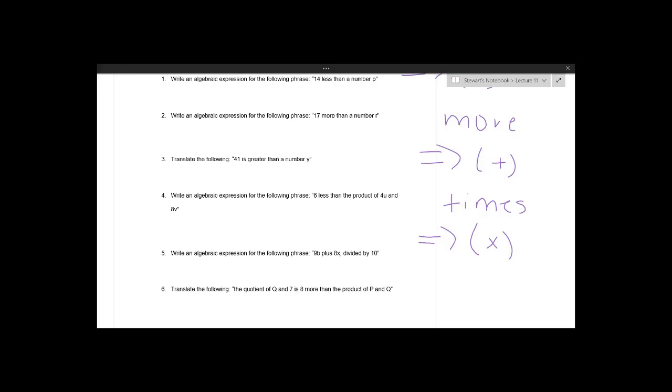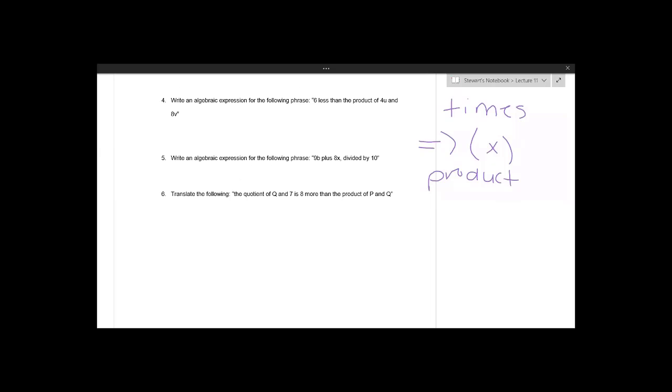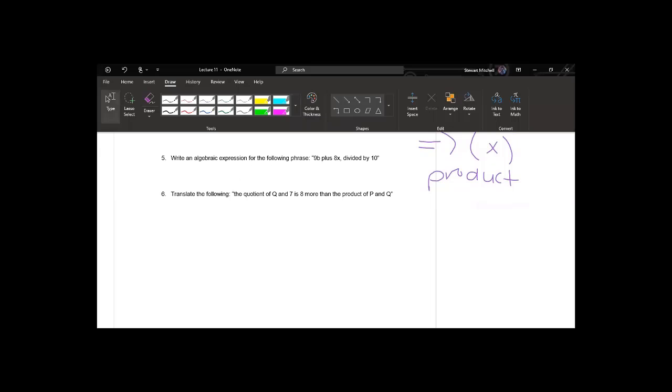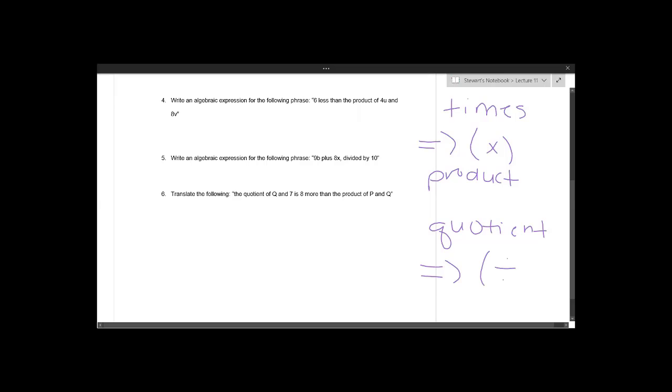For multiplication, times or product. A product is what happens when you multiply two numbers together. And then division will either say division or they might say quotient, because the quotient of two numbers is what happens when you divide.